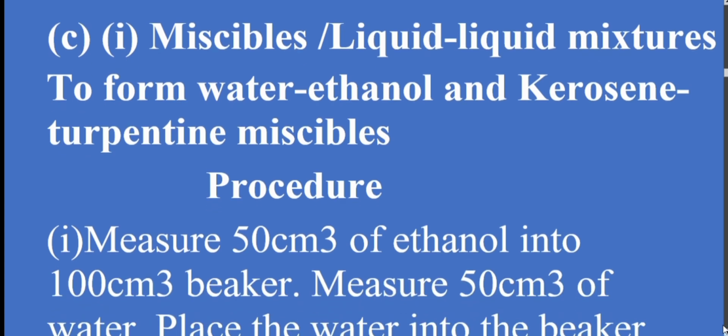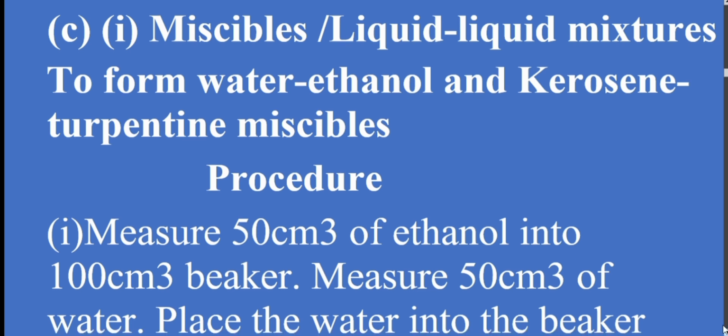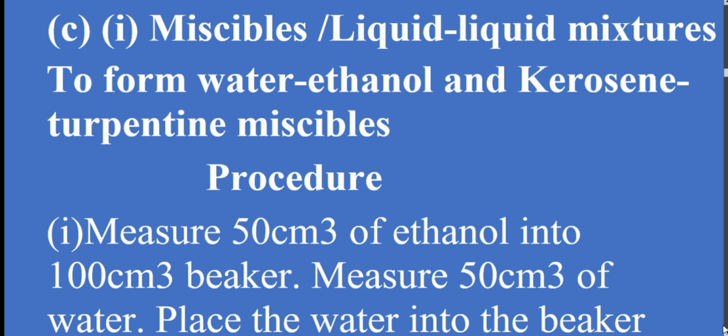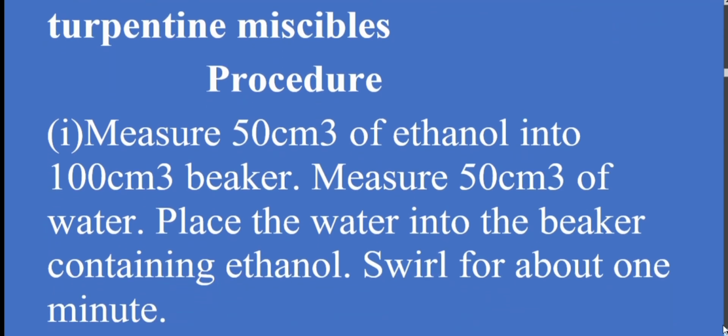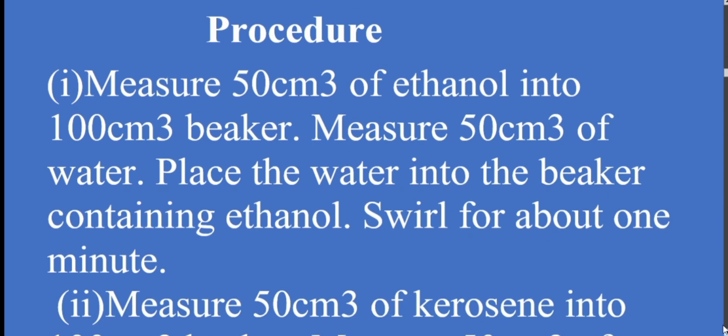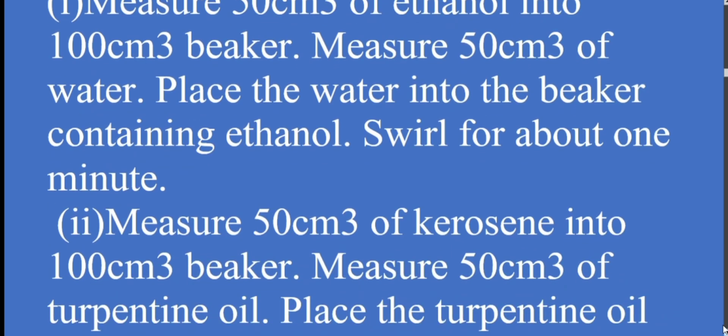So the procedure: we measure about 50 cubic centimeters of ethanol into a 100 cubic centimeter beaker. Then we measure 50 of water and place it into the beaker containing ethanol. Then we swirl for about 1 minute. Swirling helps them to mix.